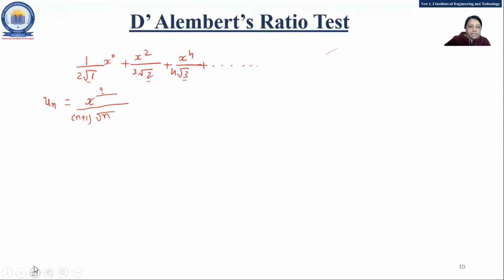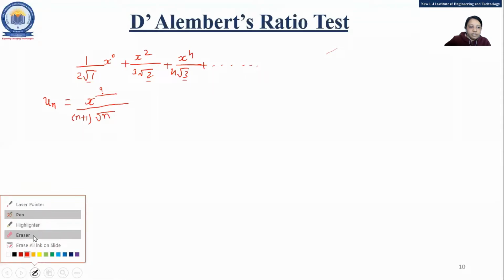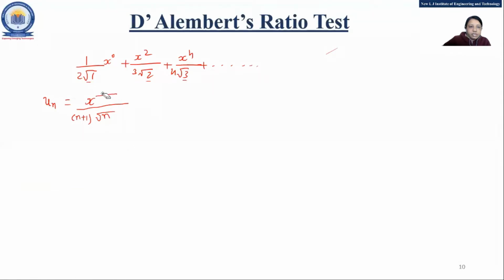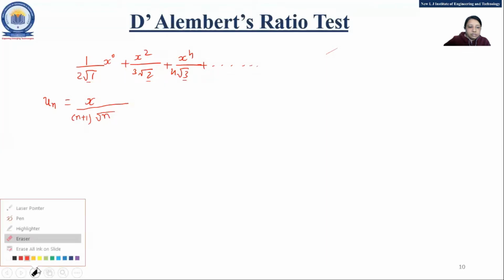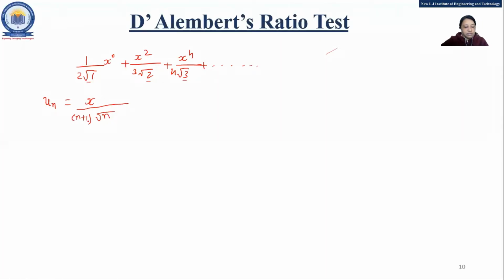Here it is 2n minus 2. Fine. So if you put the value of n equal to 1, so 2 minus 2, 0. X raised to 0, so 1. Now, if you put the value of 2, so 4 minus 2, so x square, right? So our un is this.